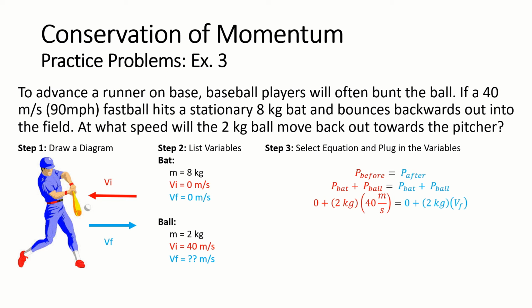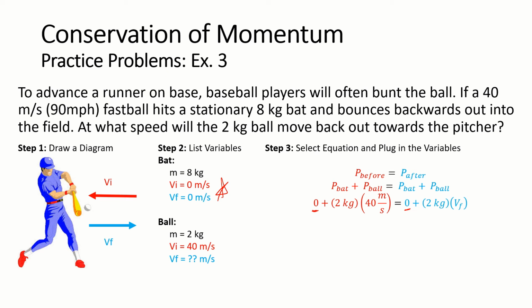The initial momentum of the bat was 0 because its velocity was 0, right? 8 multiplied by 0 is going to be 0. Same over here. The final momentum of that bat is still 0 because, check it out, it didn't speed up or slow down. It didn't change its motion. So the only thing that changed its motion here was the ball.